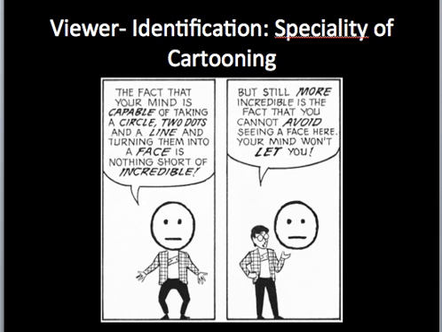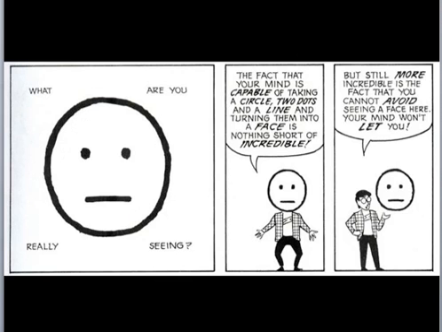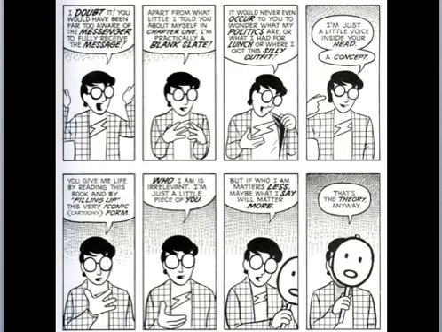But still more incredible is the fact that you cannot avoid seeing a face here. It's two dots and a line and a circle, yet we're reading it as a face. But what are you really seeing? It's more, he says, a concept, something that is taking the place of what we're expecting.